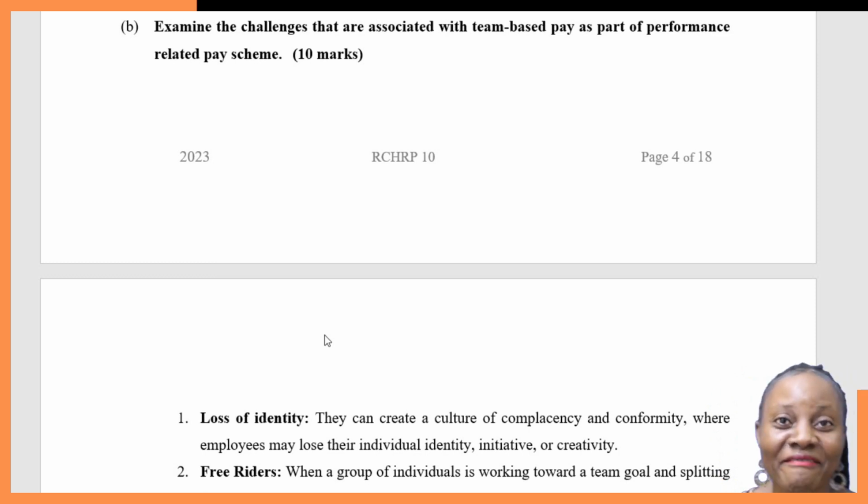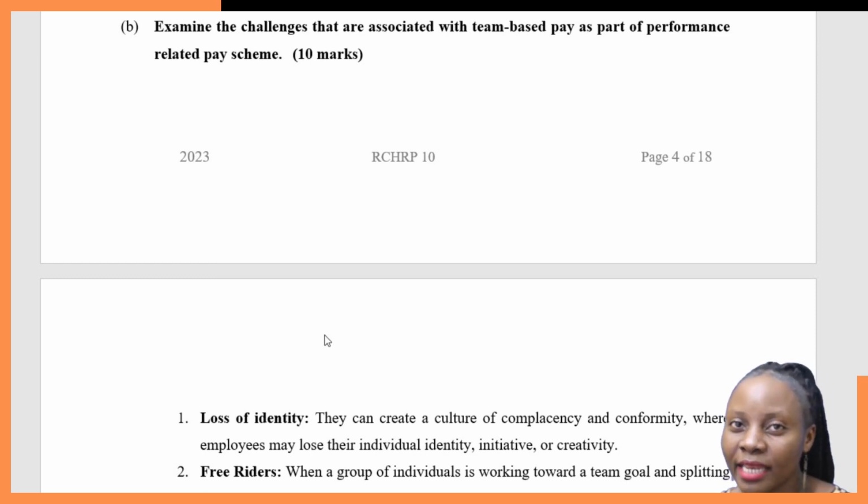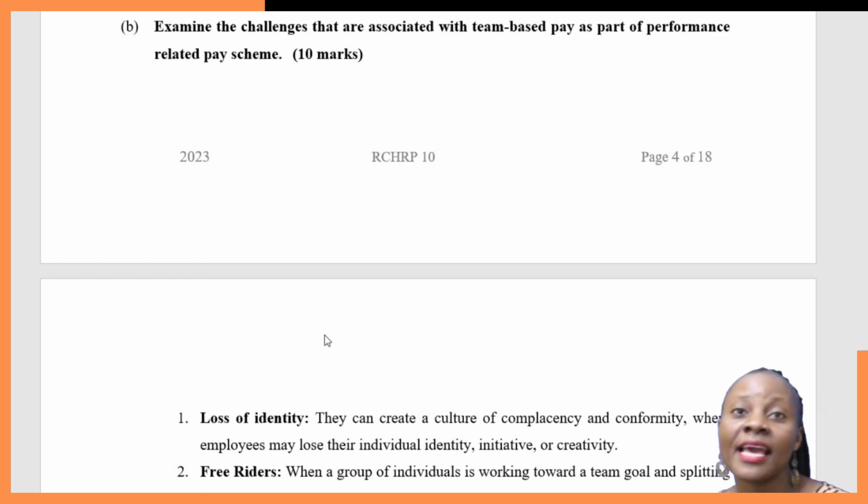We have all kinds of people in that particular group. So for that person who works hard, definitely you will want to outshine or want to see the effort that he or she puts towards the job, but that will not be possible. Why? Because you're working as a group, so your identity comes in form of the group. So at the end of the day, if you want only your identity to be realized, it becomes very difficult. That is number one challenge, loss of identity.